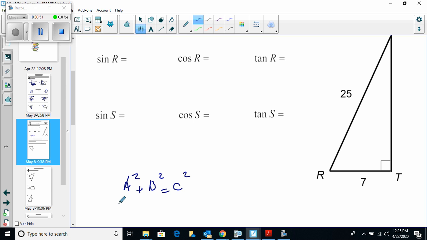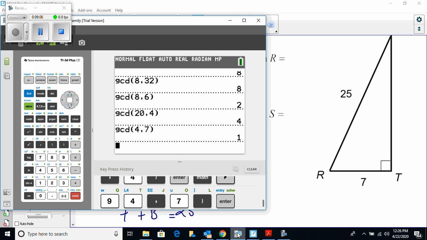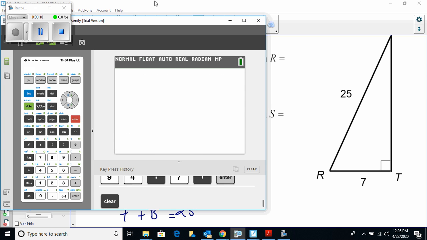If we substitute a and b, you can switch, it doesn't really matter: 7 squared plus b squared is equal to 25 squared. And now the way that we solve it is simply using the calculator.